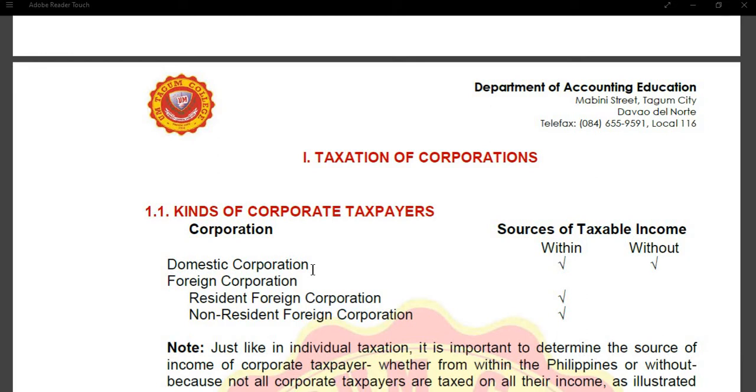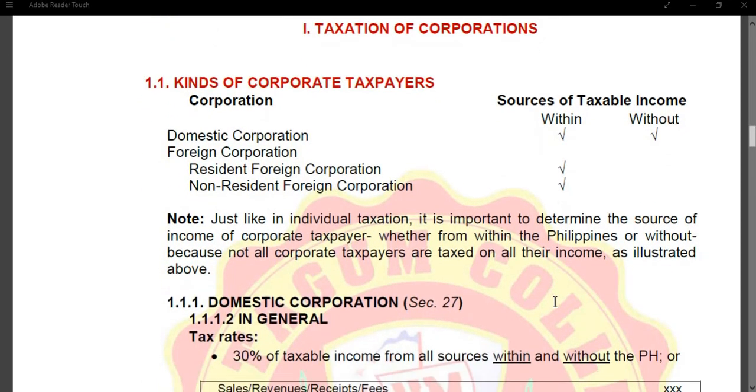Because if the taxpayer is a domestic corporation, both the income within and outside the Philippines will be subjected to income tax. While if the taxpayer is a foreign corporation, only the income derived within the Philippines will be subjected to income tax.